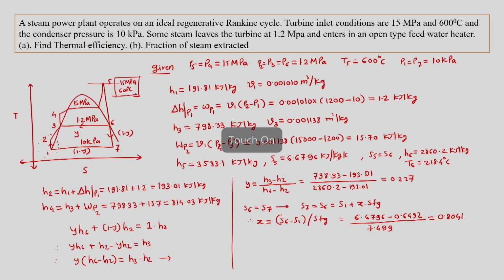Knowing the dryness fraction, we calculated H7, which is H1 plus X into HFG, where H1 is 191.81 plus X into HFG, which is 2392.1, and this gives us 2115.3 kilojoule per kg.